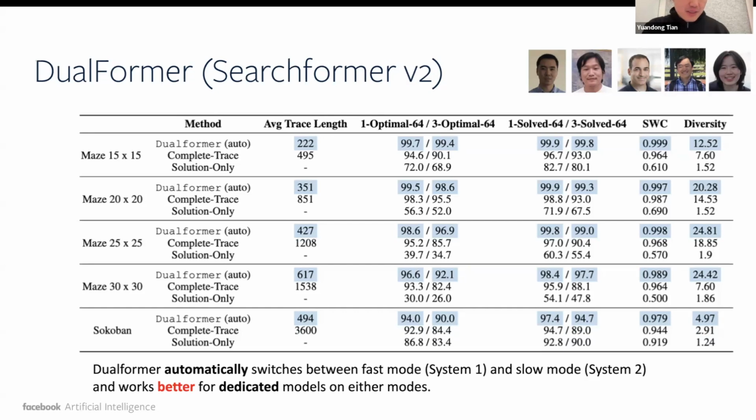At the same time, this final model is actually better than either the search-only models or the solution-only models. Right, so this is a very interesting result. We all know that people usually talk about System 1 and System 2 approaches, right?